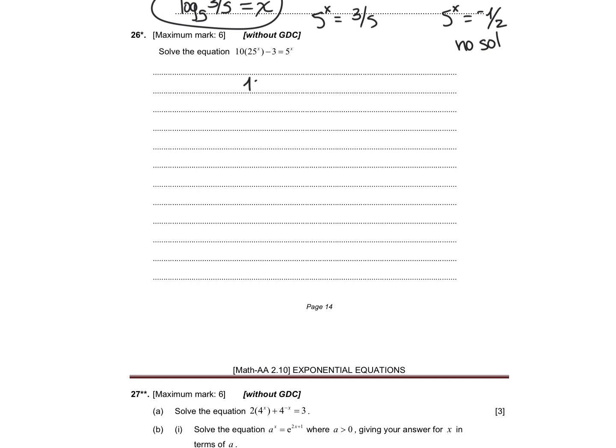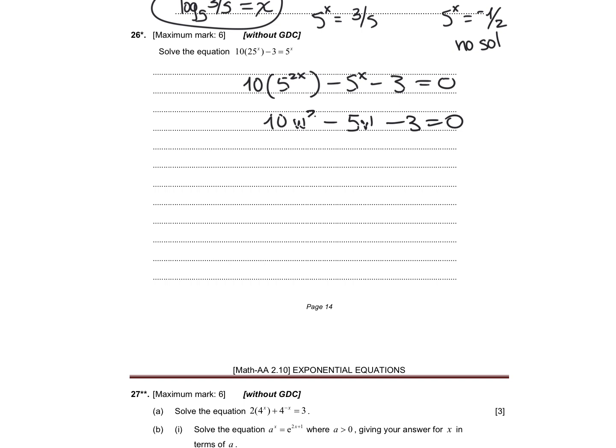So for this one, we can rewrite 25 as 5^2, so 5^(2x) minus 5^x minus 3 is 0, and then we'll have 10w squared minus 5w minus 3, and it's the same as last time.